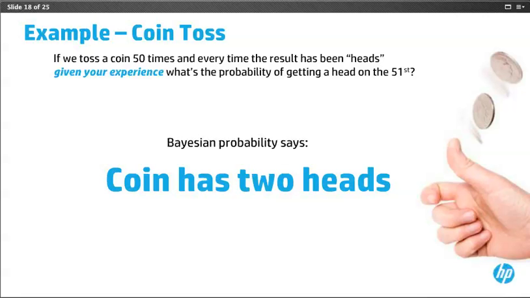We would be absolutely sure, if we saw the coin being tossed and the heads just keep coming up, you would say with very, very high certainty that the coin is fixed, that the coin has 2 heads, or it's biased in some way. There's something dodgy going on. So humans work in a Bayesian way, so it's natural that we deal with human information in a Bayesian way.